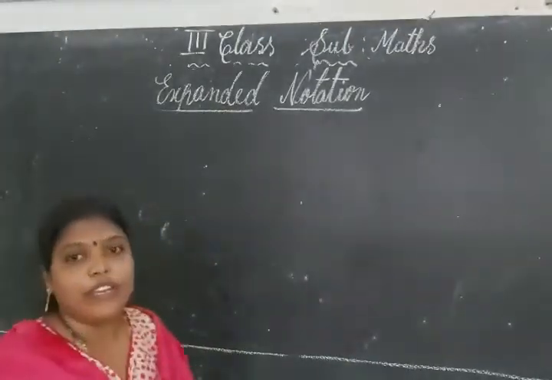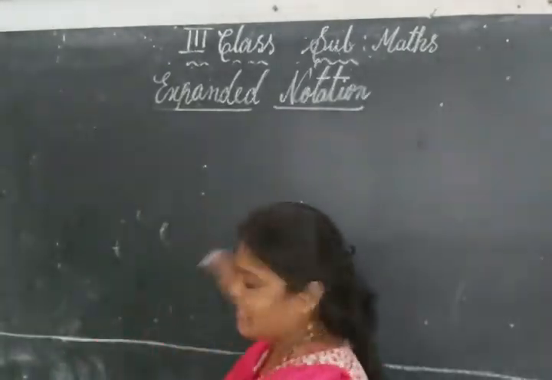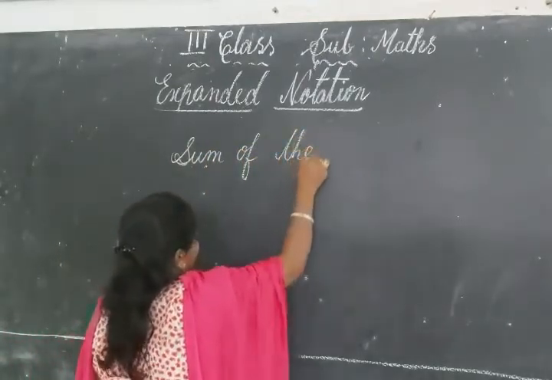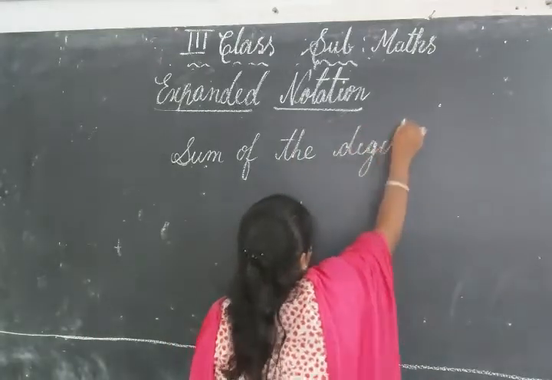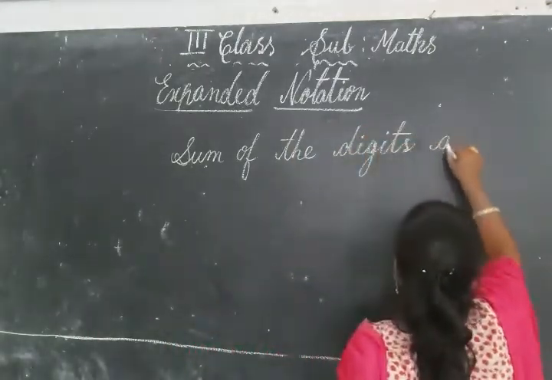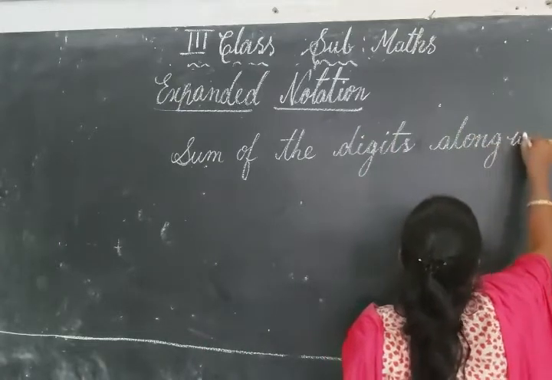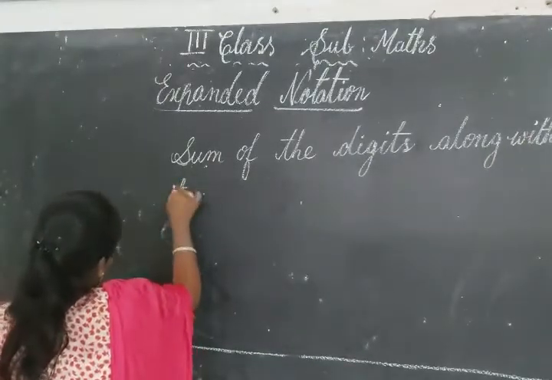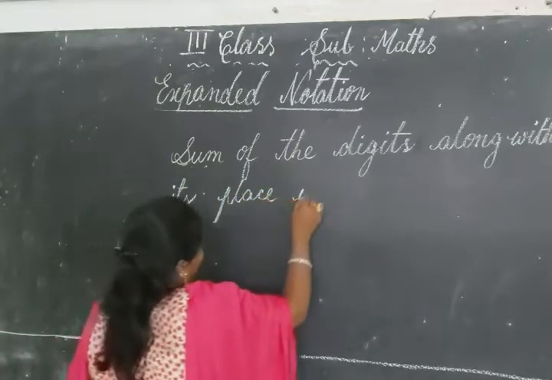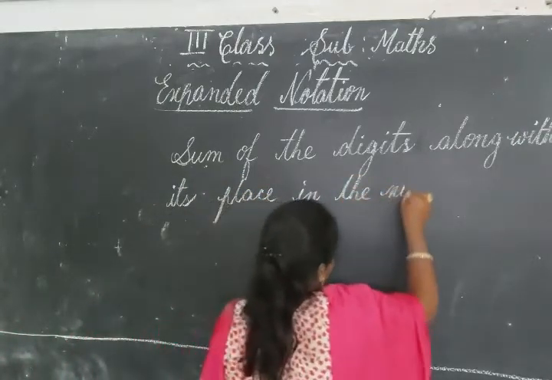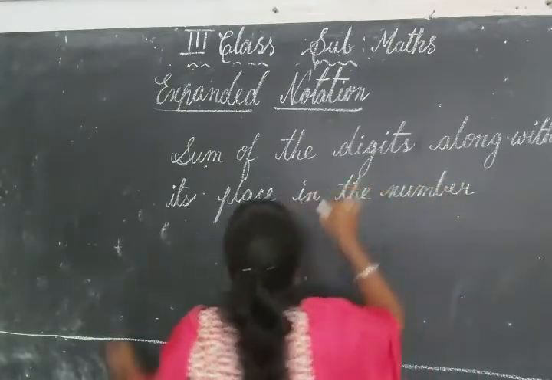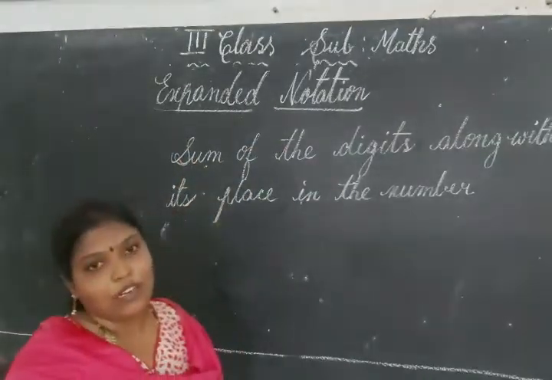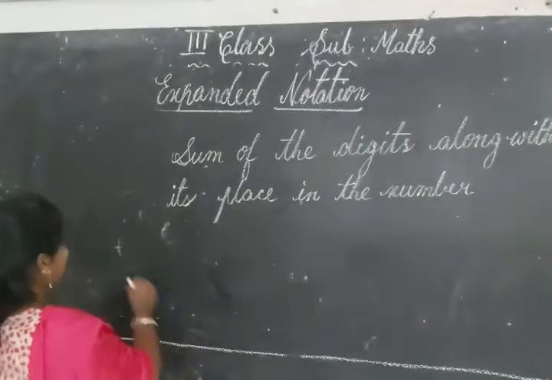Expanded notation of a number can also be written as the sum of the digits along with its place in the number.